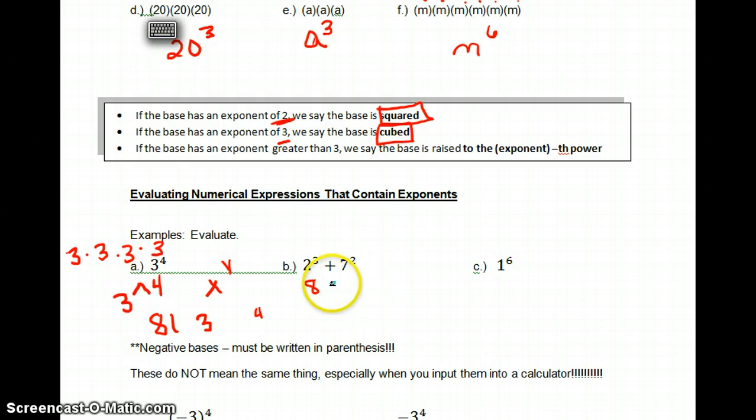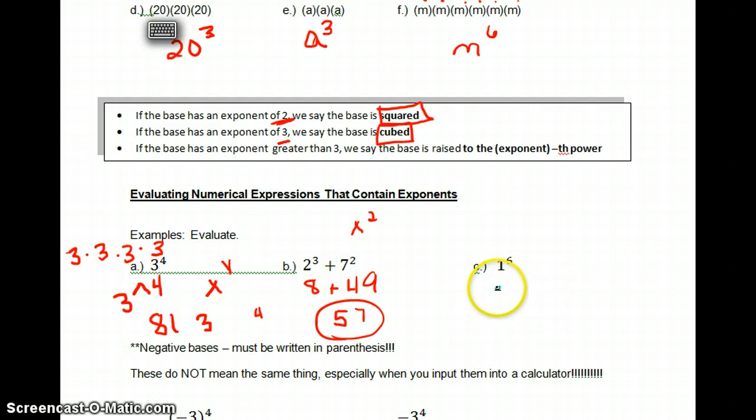Plug in 7 squared to your calculator. Most calculators do have a squared button. It does say x squared on it. So if you press 7 and then x squared, it should square it for you, and you should get 49. 8 plus 49 will be your final step, and our answer is 57.